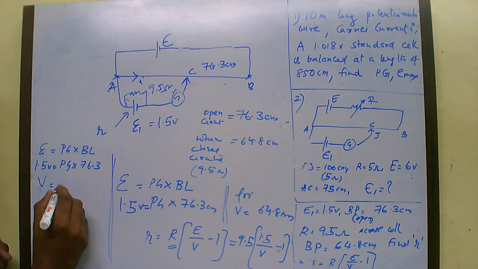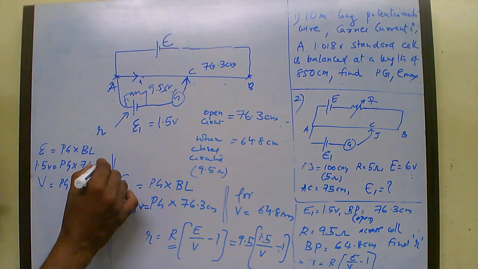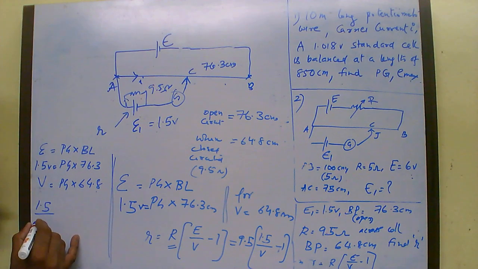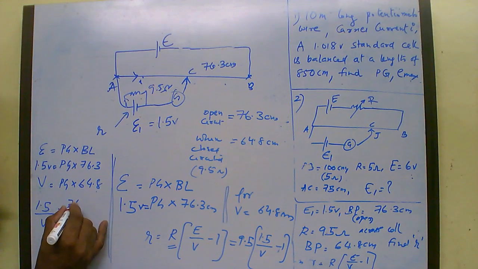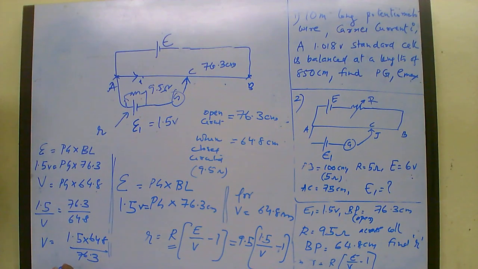So V equals again potential gradient multiplied by the balancing length, that is 64.8. When you divide these two equations, you have 1.5 divided by V equals 76.3 divided by 64.8, or V equals 1.5 multiplied by 64.8 divided by 76.3.